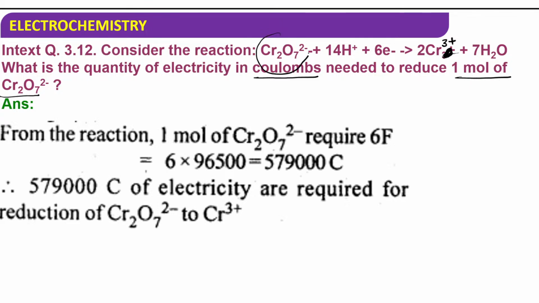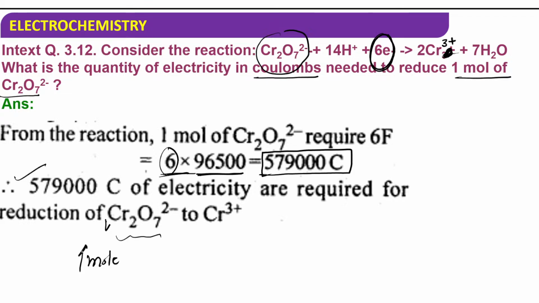So to reduce 1 mole of dichromate, 6 moles of electrons are required, and the charge on 1 mole of electrons is 96500 coulomb. So for 6 moles, it is multiplied by 6, so it is 579000 coulombs. So this much electricity is required for reduction of 1 mole of dichromate to Cr3+. This is very simple.